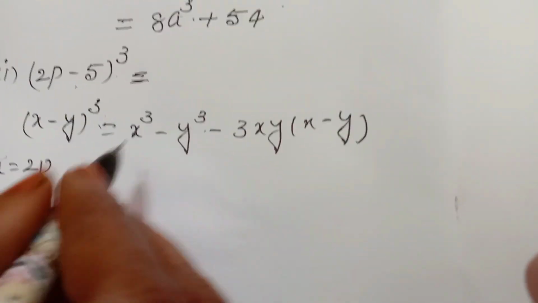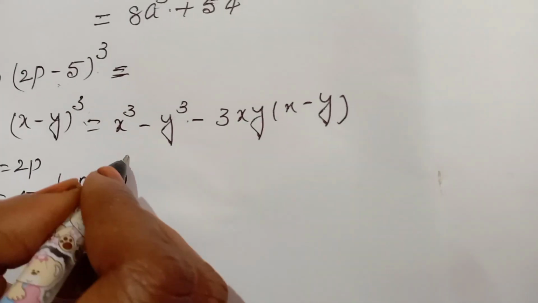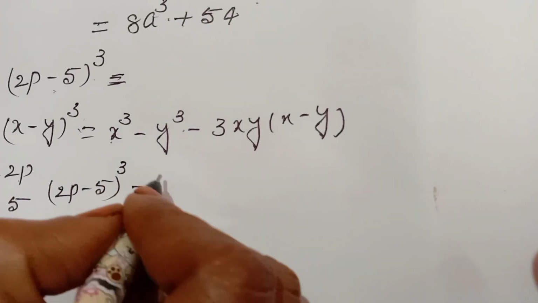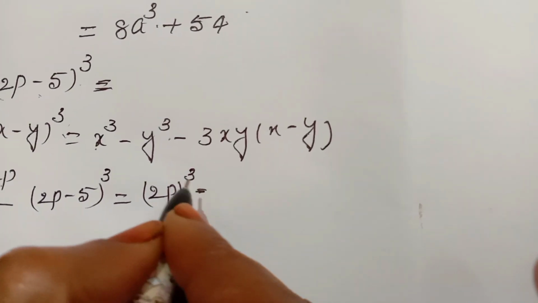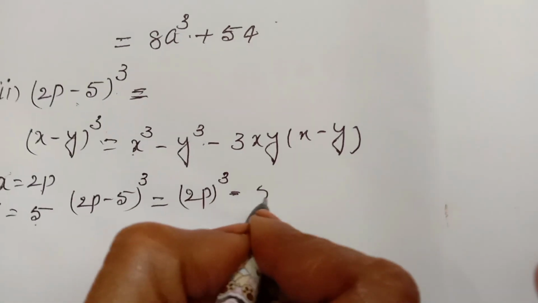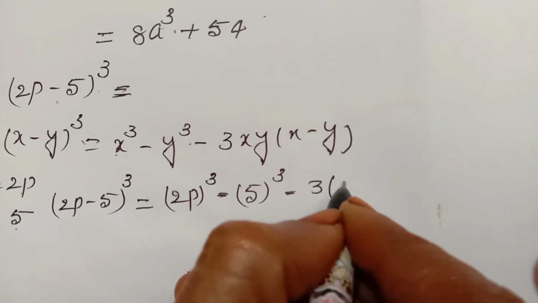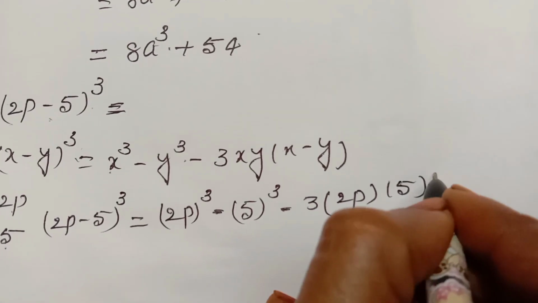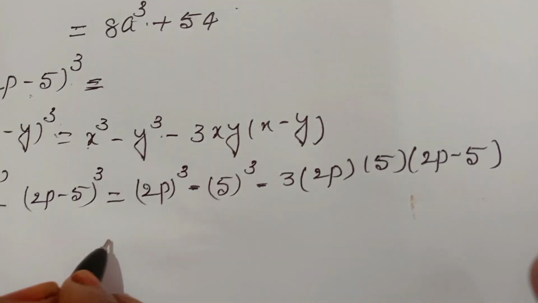Using this identity, 2p minus 5 whole cube is equal to x value is 2p, 2p whole cube minus y value is 5, 5 whole cube minus 3 into x 2p, y 5, into 2p minus 5.